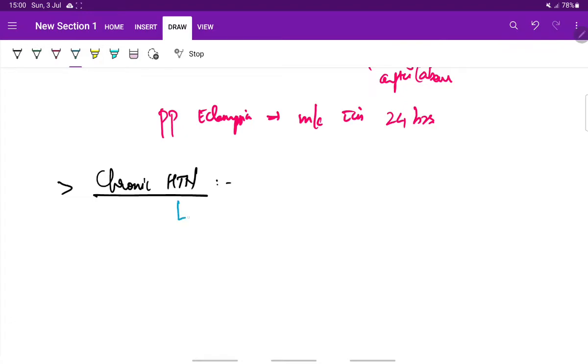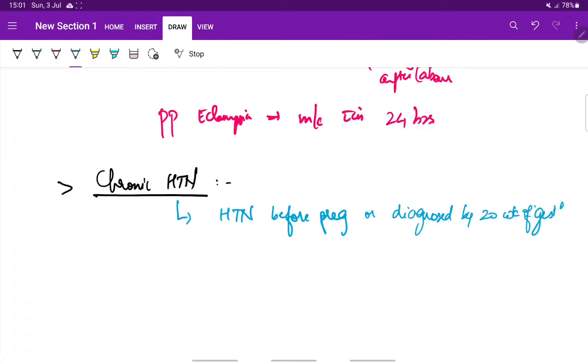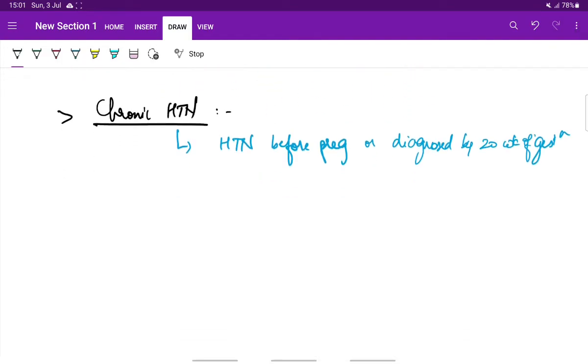So this is eclampsia. Next, what is chronic hypertension? Chronic hypertension is when the woman is hypertensive before pregnancy and it continues during pregnancy, or if she is diagnosed as being hypertensive before 20 weeks of gestation. This is chronic hypertension.